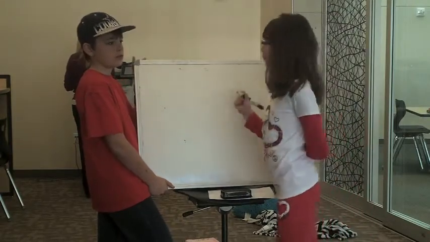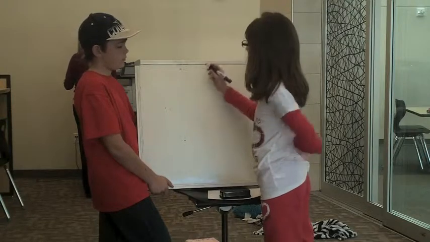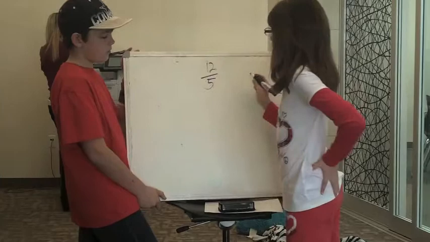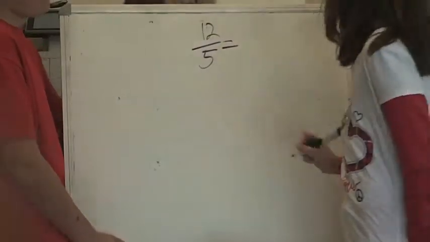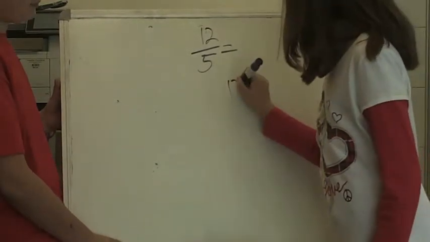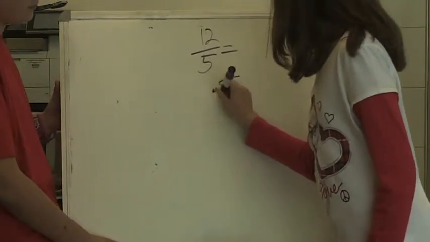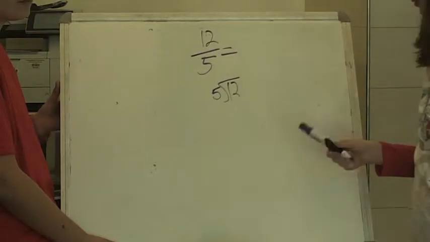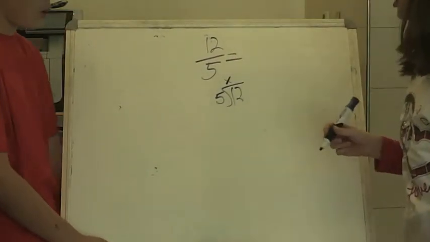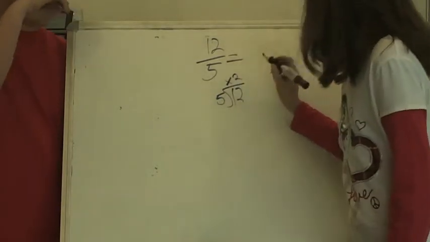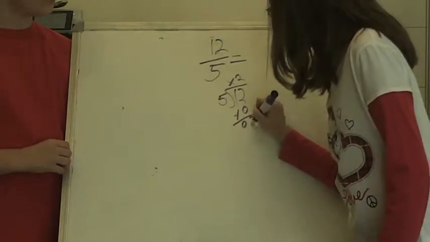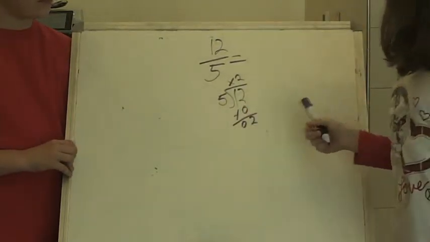First, let's change an improper fraction into a mixed number. Let's say 12 over 5. That's going to equal a mixed number. So you take the numerator, which is 12, and divide it by the denominator, which is 5. 5 goes into 12 2 times. 2 times 5 is 10. 12 minus 10 is 2, and 2 is less than 5.